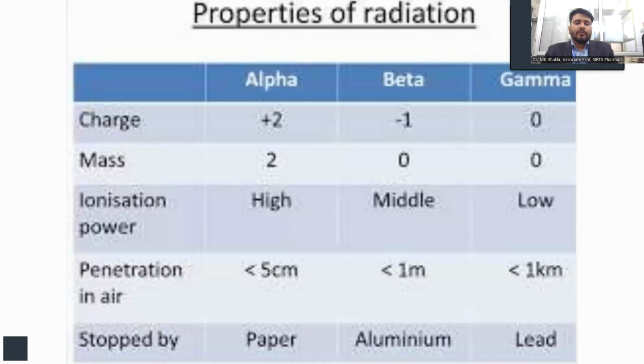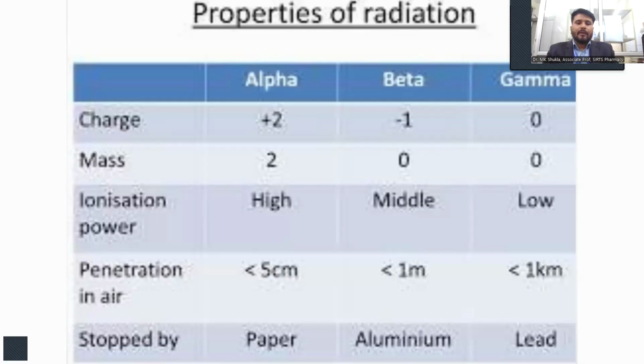Penetration in air: alpha can penetrate only less than 5 centimeters, beta up to 1 meter, and gamma up to 1 kilometer. We can stop alpha rays by paper, beta rays by aluminum, and gamma rays by lead blocks.